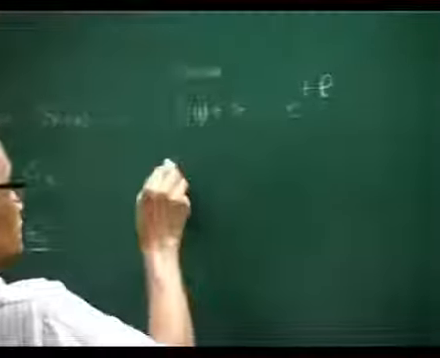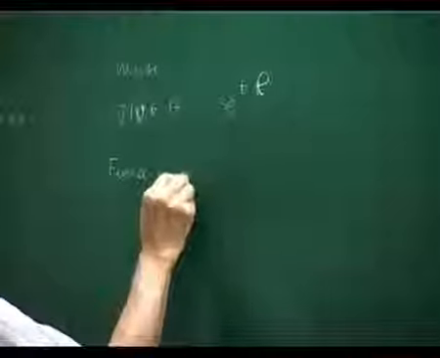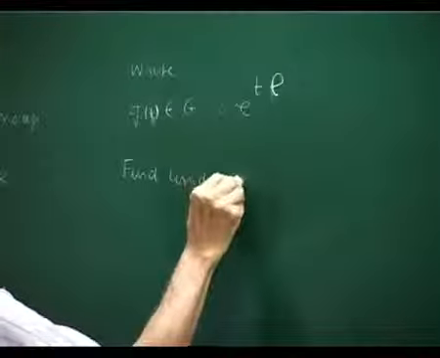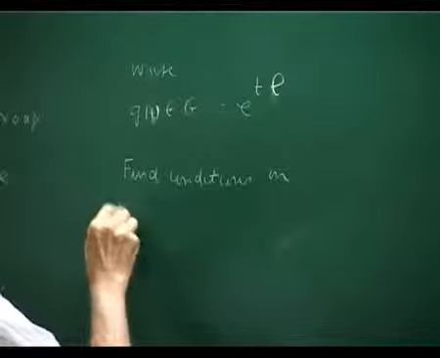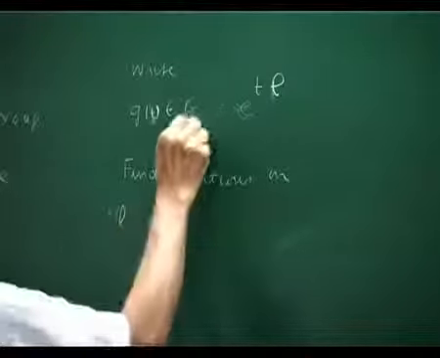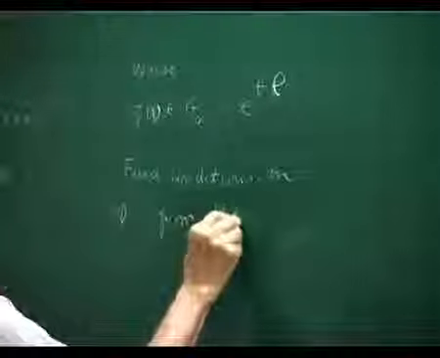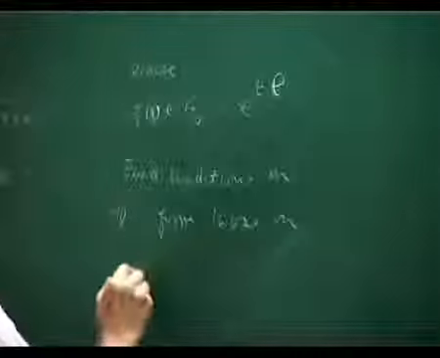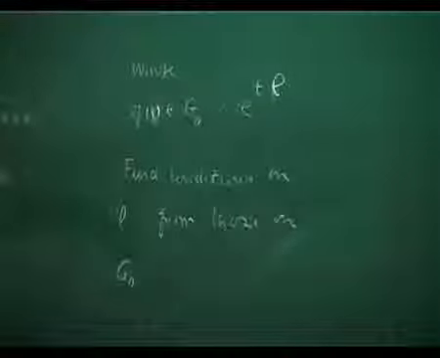Find conditions on this L, from those on G0. We saw it, there will be reality conditions and there will be some algebraic conditions.